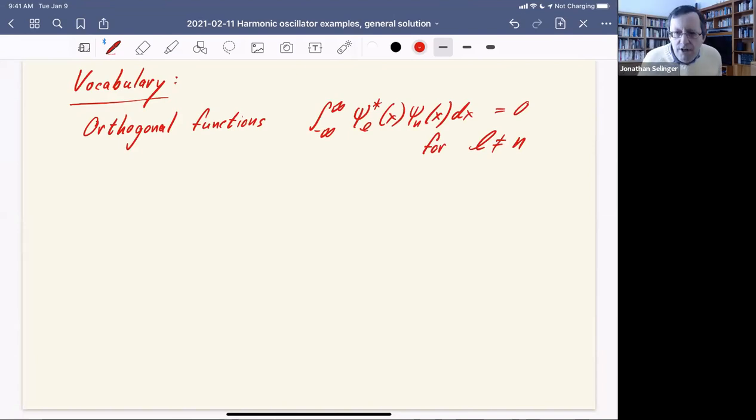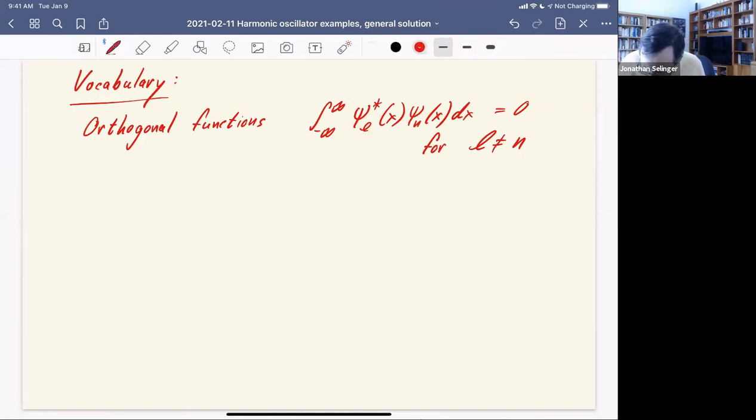So to say things are orthogonal functions means that if you have different indices, L and N, that are different from each other, you get 0 when you combine them in this way.